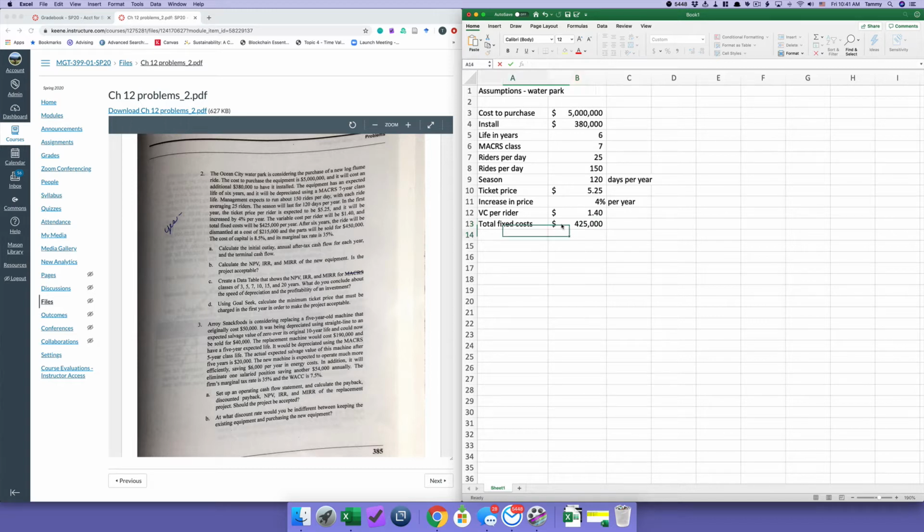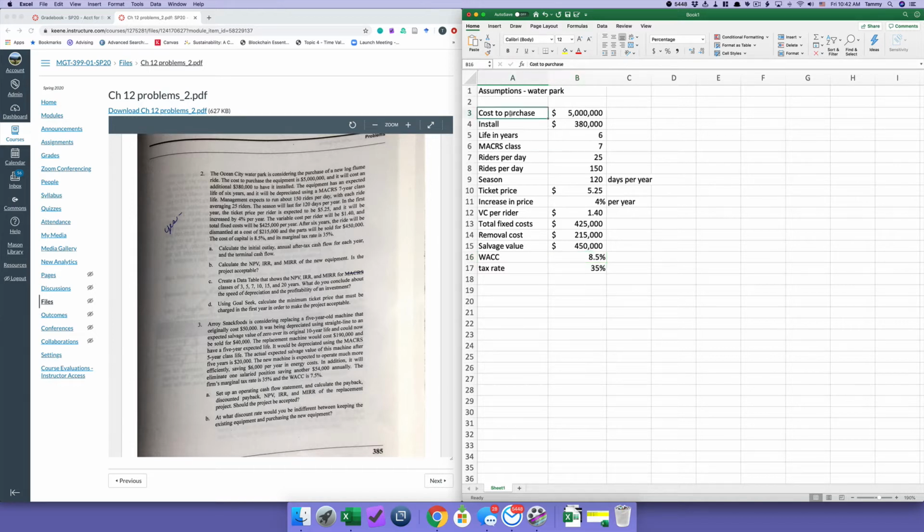And then the removal cost, the cost to dismantle the thing, is $215, and the salvage value is $450, and cost of capital is 8.5%. And tax rate is 35%. So let's make these two percentages. So here are all of our assumptions. Okay. So this is everything they tell us in this paragraph.